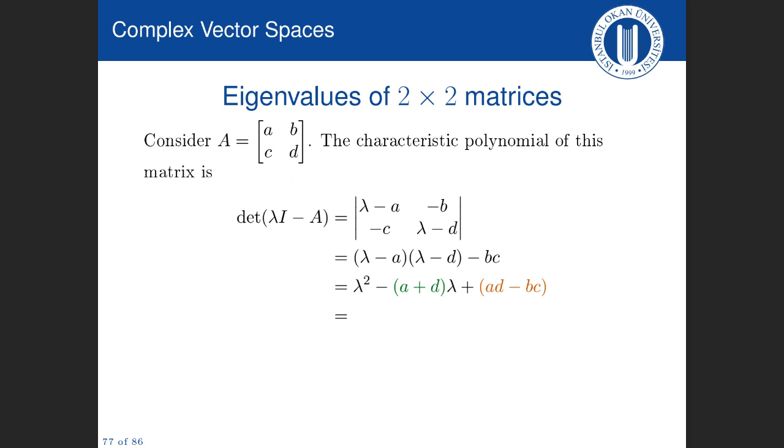But wait a minute, these two numbers, a + d and ad − bc, should look familiar to you. a + d, what's that? That's just the trace of A. And ad − bc is the determinant of A.